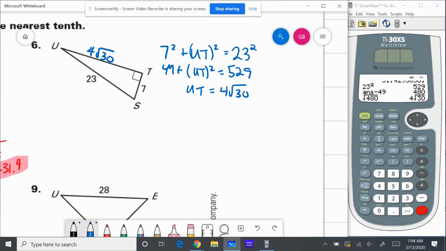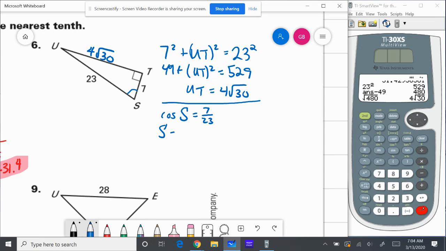All right. Now, let's find angle S. Angle S, 7 is adjacent, 23 is hypotenuse. So we're going to use cosine. So cosine of S is equal to 7 over 23.